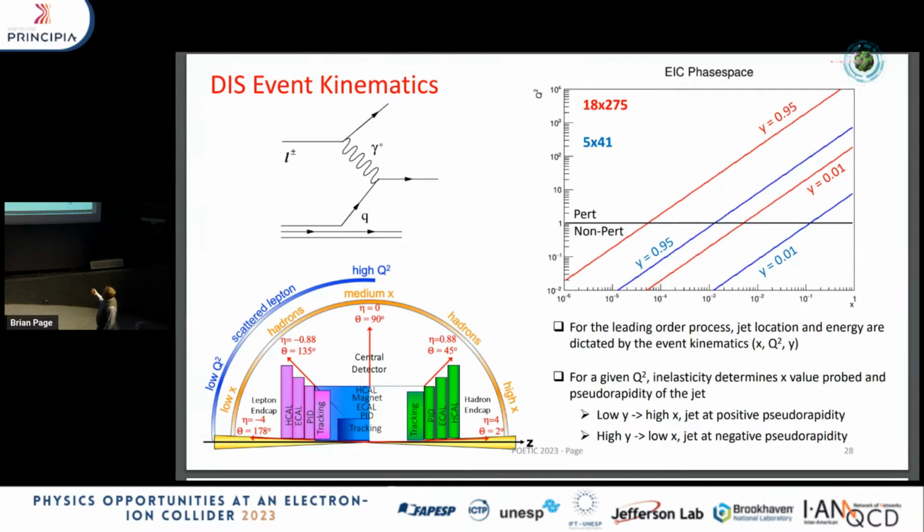Generally, when we're at low y, we're probing the higher x region, and these jets are going to be sitting at positive pseudo-rapidity, whereas for high y, we're going to be at low x, and our jets are going to be at negative rapidity.